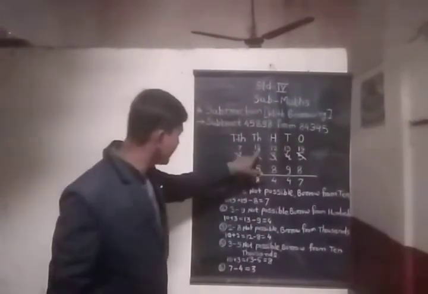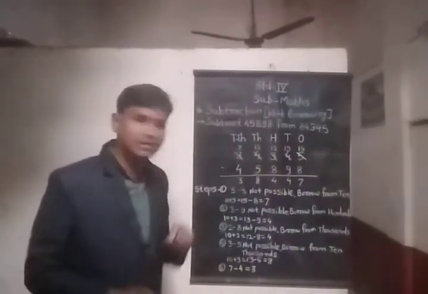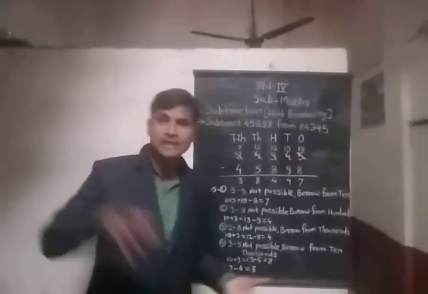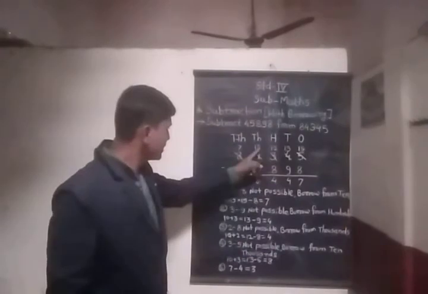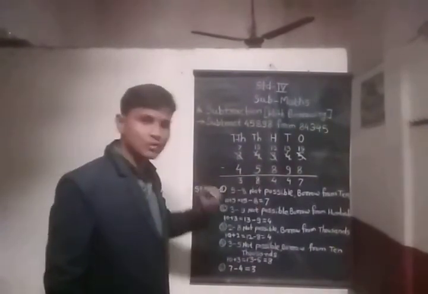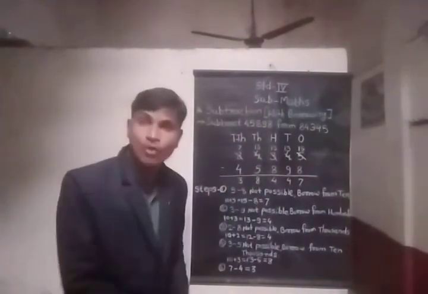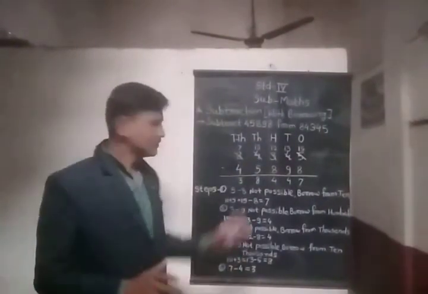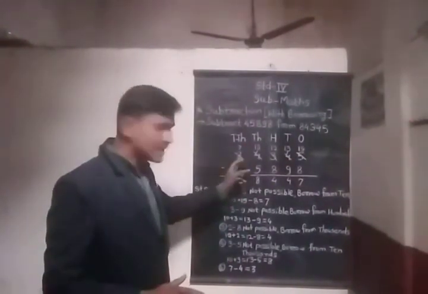Next place, the thousands place. Now how much remains? 3, and here there is 5. So 3,000 minus 5,000 is not possible. Why? 5,000 is more than 3,000. So 3 minus 5 is not possible. Then we have to take a carry from the next place, which is the 10,000s place. Here 8 ten-thousands are there.